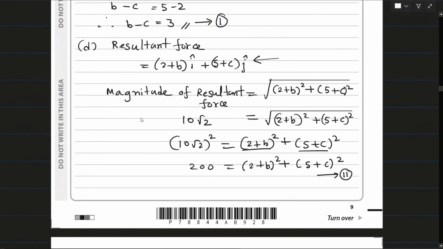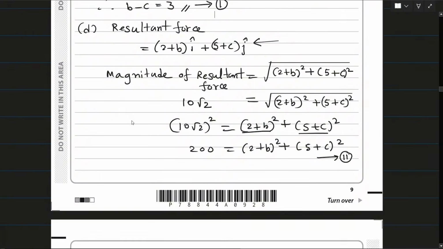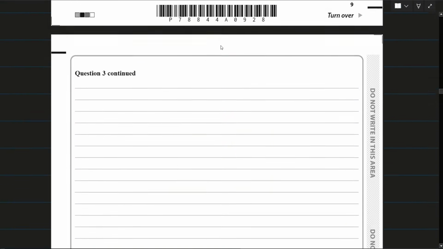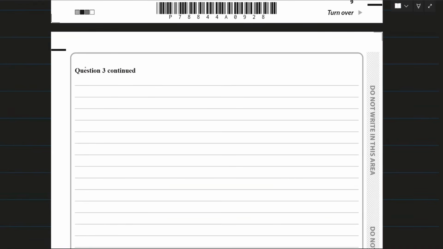In order to find the F3 force, we need to find the values of B and C. To do that, we are going to use equation 1 and equation 2 and solve them simultaneously. We can use the substitution method.